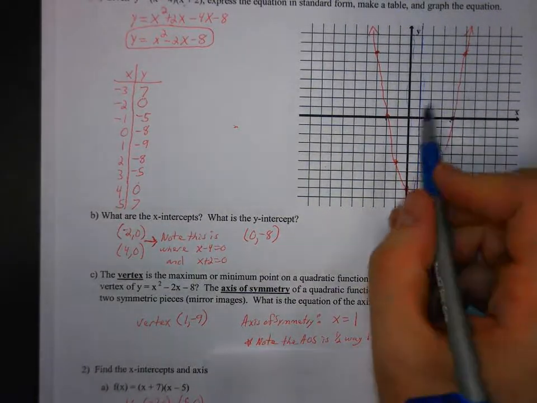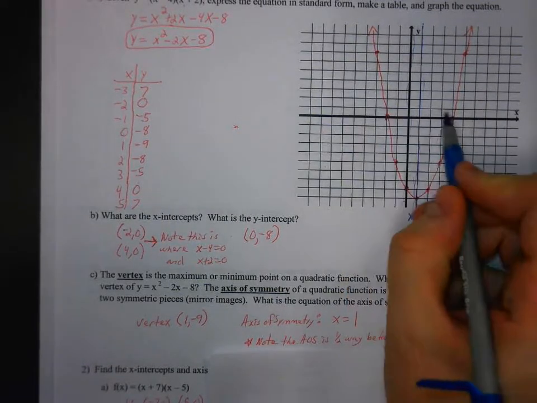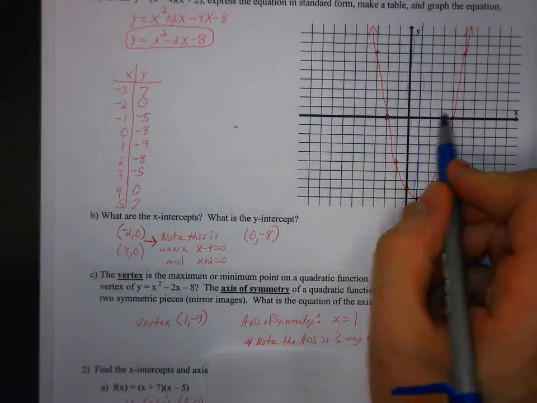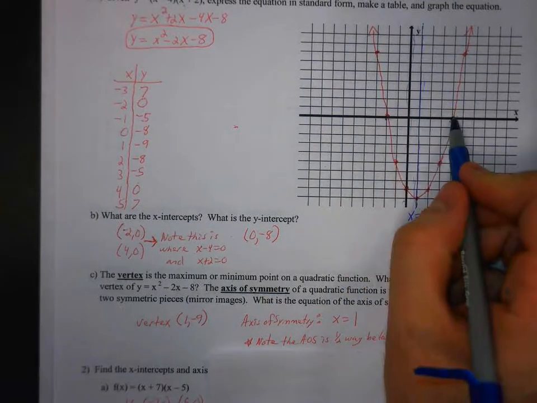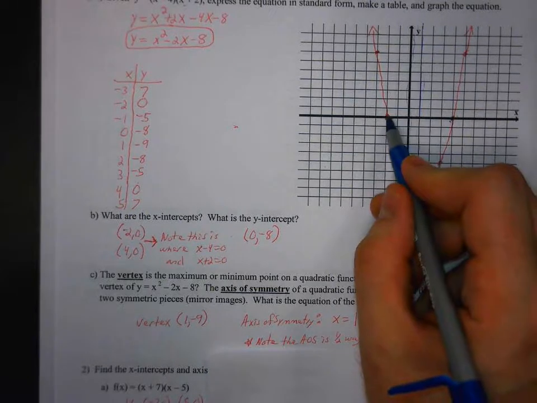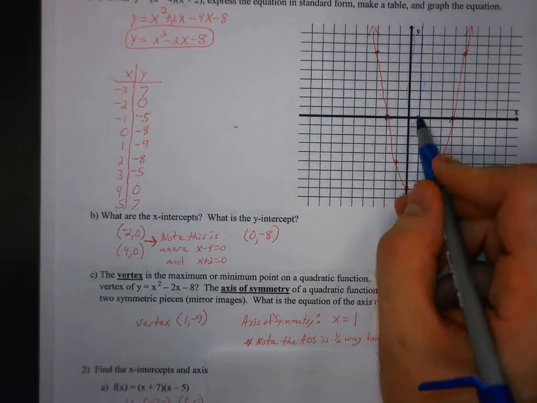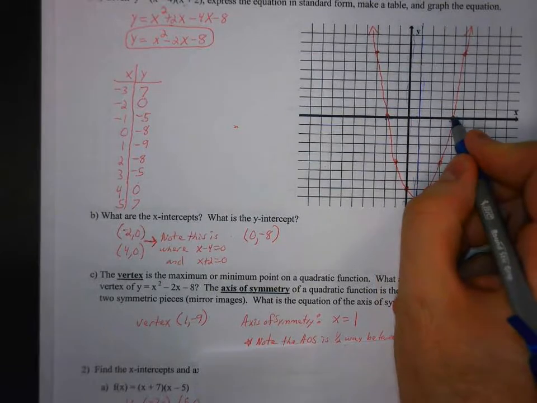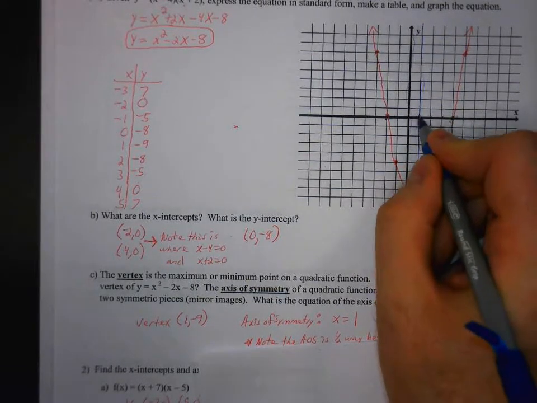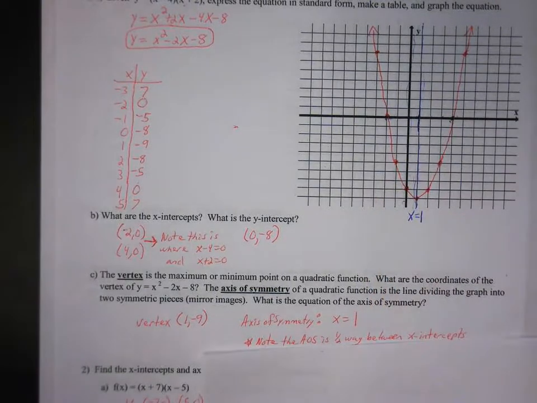Halfway between -2 and +4: the total distance is 6, and if you divide that by 2, that's a distance of 3. If you go +3 from the left-hand side, we end up right here. If you take away 3 from x equals 4, 1, 2, 3, this way is right here. So x equals 1 is the center of the graph, which is the axis of symmetry.